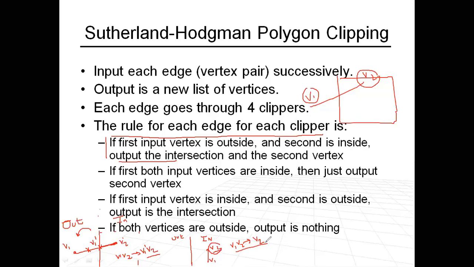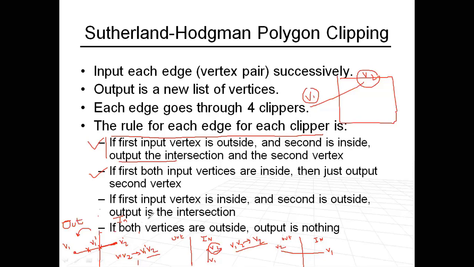Okay, now the third rule. I'm finished with the first rule, and the second rule. Now if the first input vertex is inside, this is in, this is out with respect to this edge. When you are moving from inside to out, v1 is here and v2 is out.